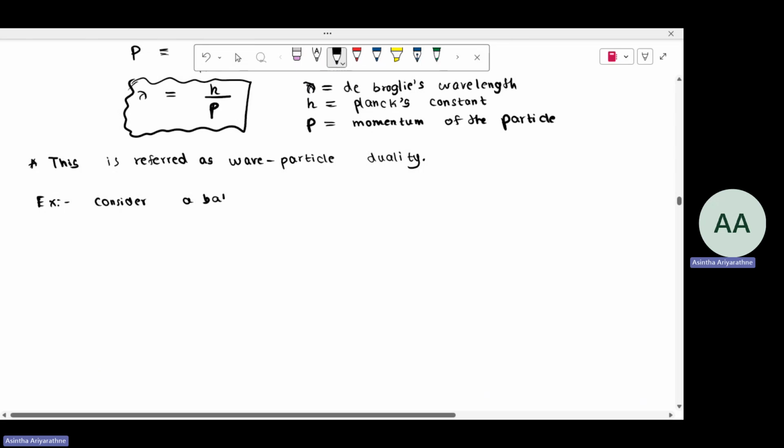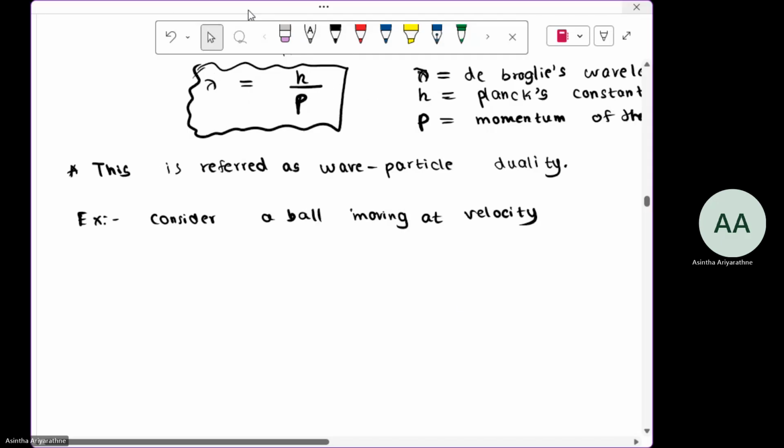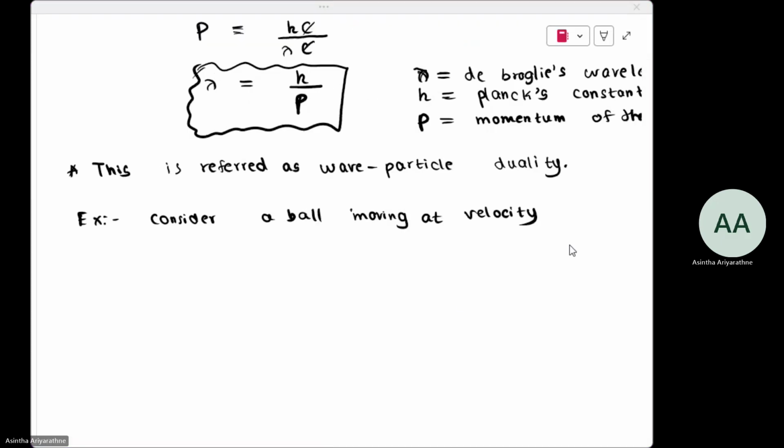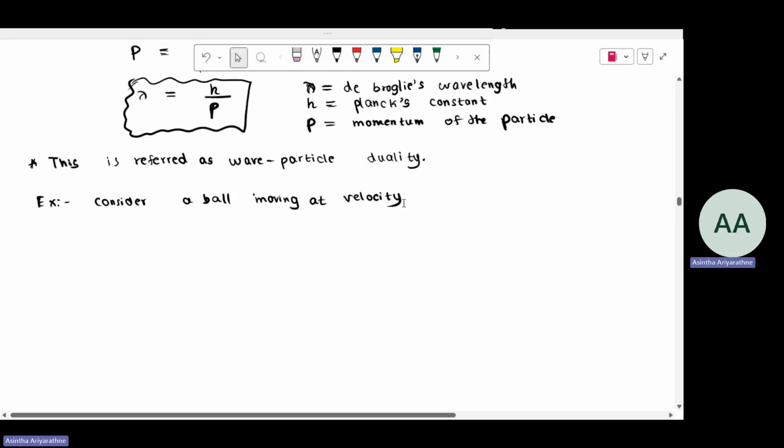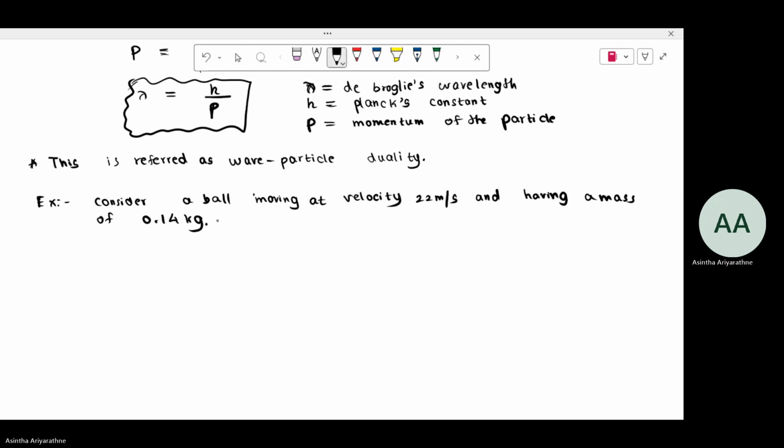So consider a ball having a velocity of 20 m s to the minus 1 and having a mass of 0.14 kilogram.